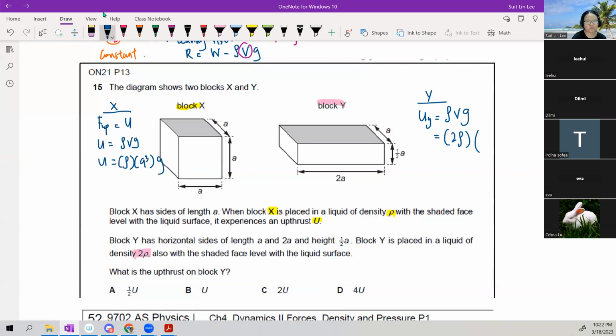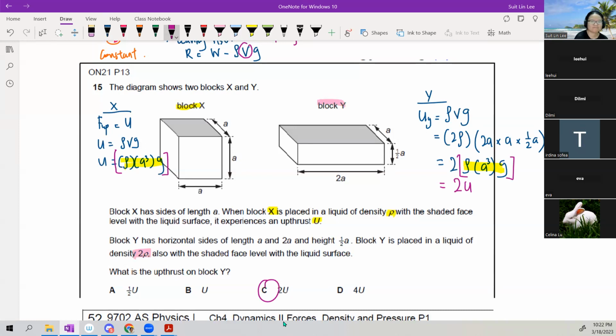And to find the volume, it will be 2a multiplied by a multiplied by half a. And then at the back is still g. This is 2 rho, and the 2 times half just goes away. So what is here is a cubed times g. Do we know what rho a cubed g is? Rho a cubed g. So you can see that the new block will have twice the upthrust, because this thing is the same as this thing.